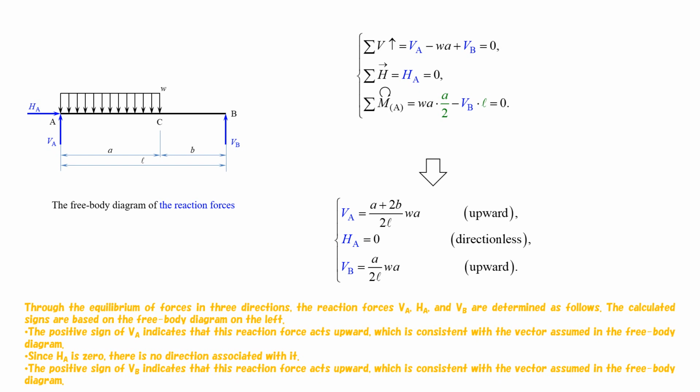The positive sign of VA indicates that this reaction force acts upward, which is consistent with the vector assumed in the free body diagram. Since HA is 0, there is no direction associated with it. The positive sign of VB indicates that this reaction force acts upward, which is consistent with the vector assumed in the free body diagram.